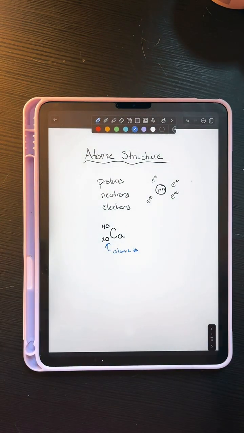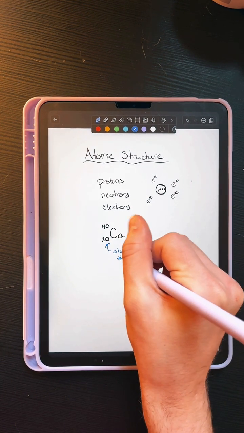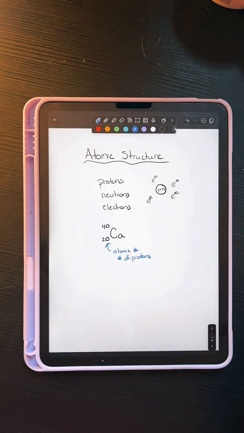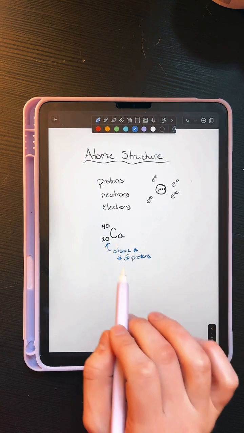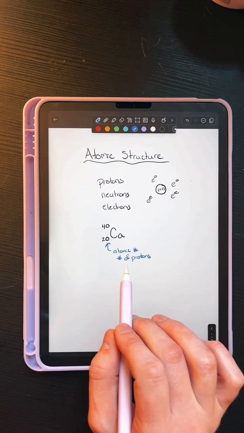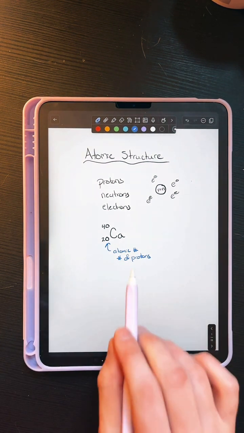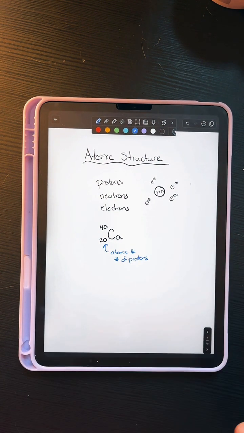Our atomic number tells us the number of protons in our element. Since calcium's atomic number is 20, calcium has 20 protons, and that will not change. So calcium will always have 20 protons. As soon as we change the number of protons, we change the element.